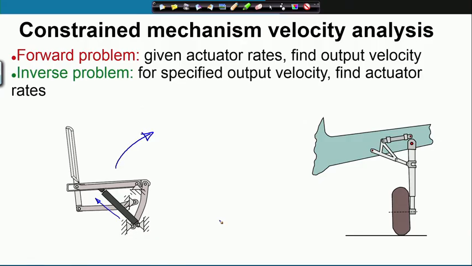So, that relation we need to find out, or in this case of the landing gear, we may have to find out what should be the actuator expansion rate, so that I can fold the wheel at a certain desired rate.